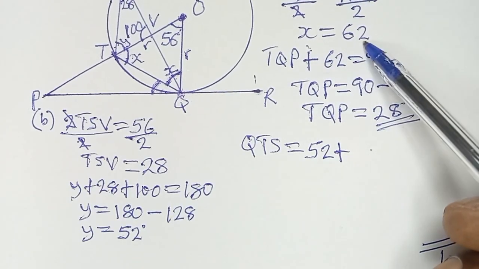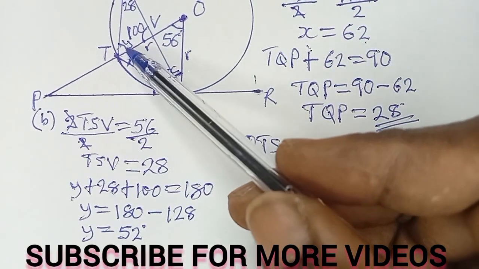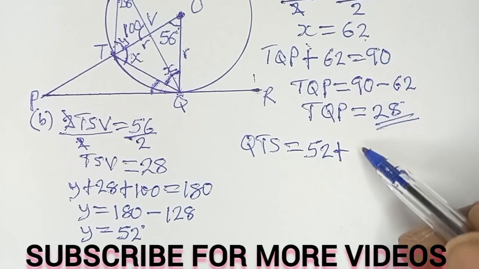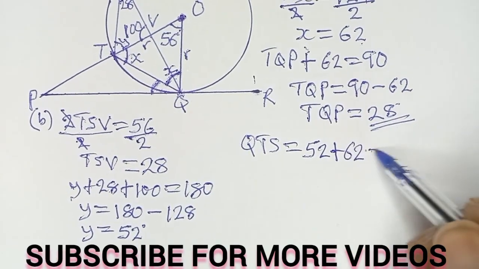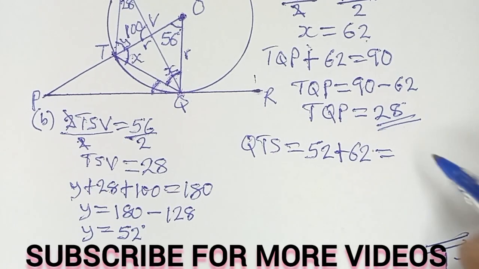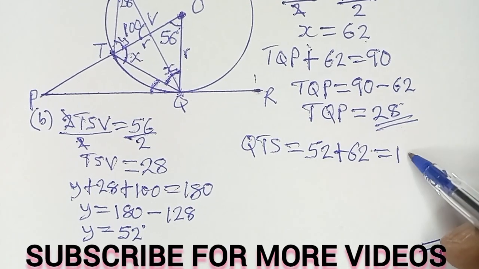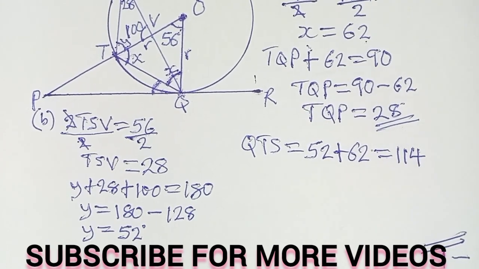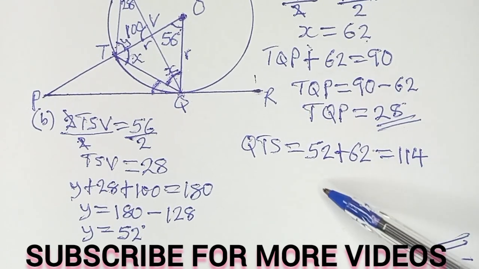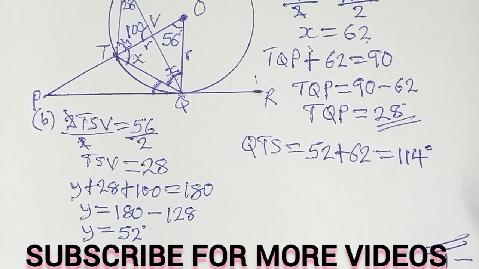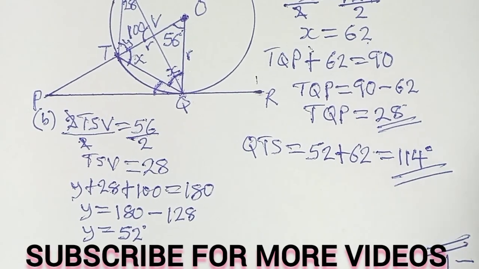You can see X is 62. That is this angle here, 62. So 52 plus 62 will give us 114. So 114 is that angle QTS, and that's the final answer.